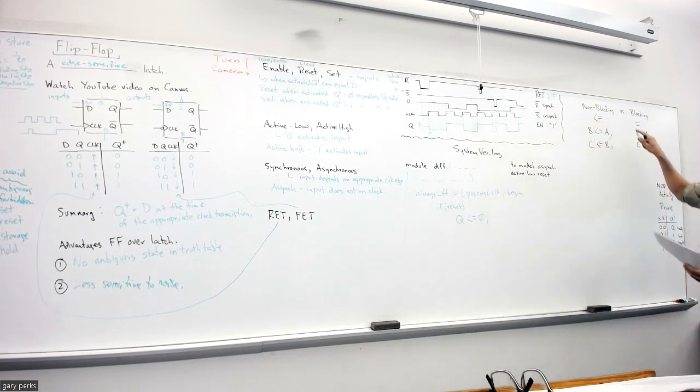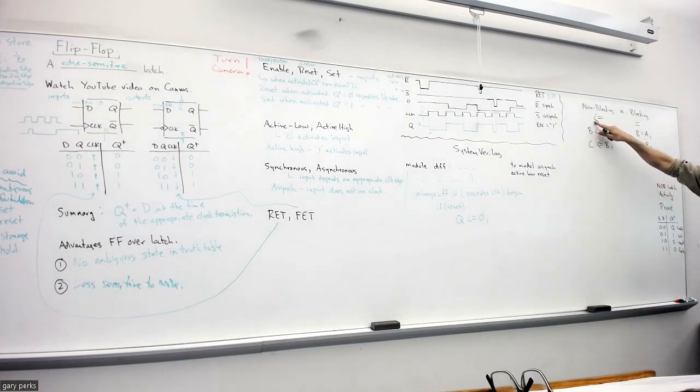The reason being, and I have an example here: when you have the less than with the equal sign, that's called non-blocking. I'm not sure why they call it non-blocking, but that's the term they use. When it's just an equal, they call it blocking.